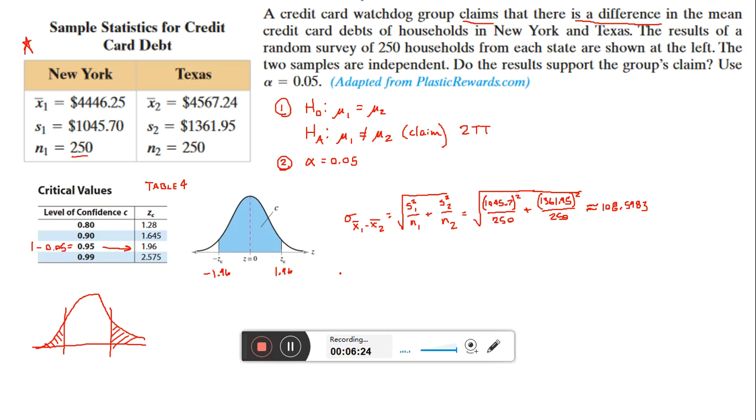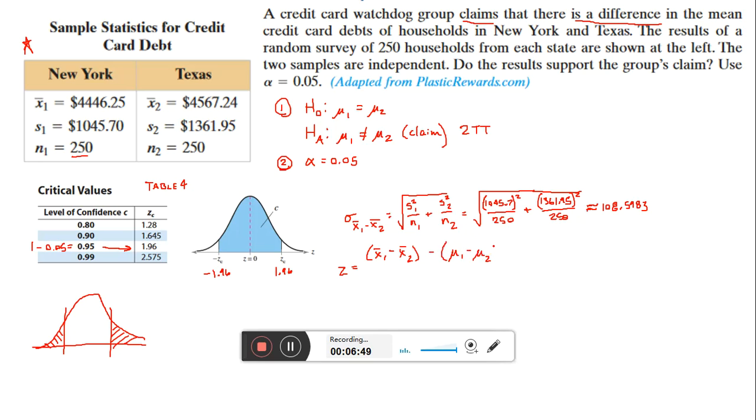Now, what we're going to actually do with that is we're going to find our z value. Okay, and what we need to do is we need to take x bar sub 1 minus x bar sub 2. And by the way, those are the averages or the means of the two samples. Okay, now we're going to subtract the average of the population, right?